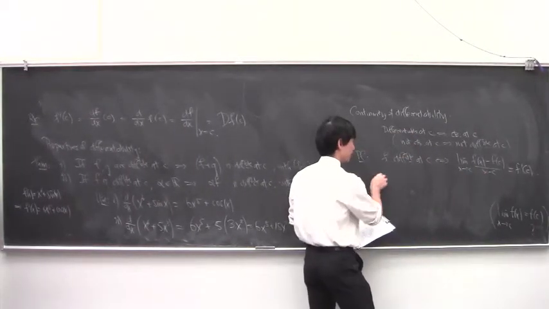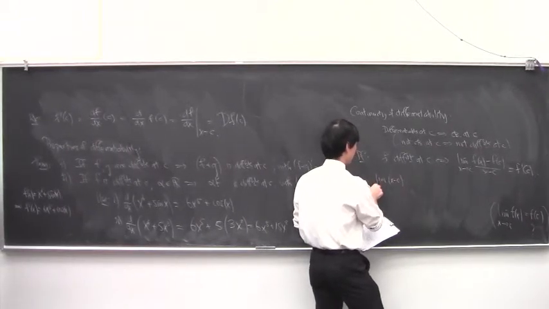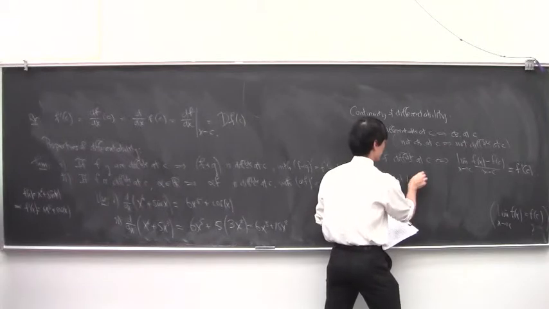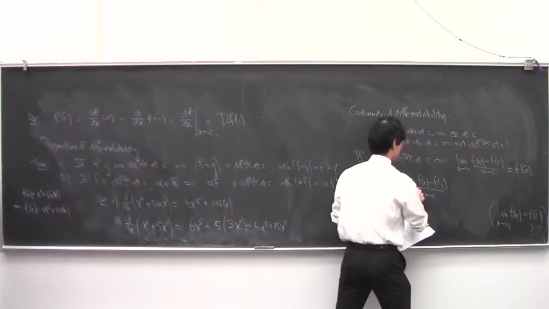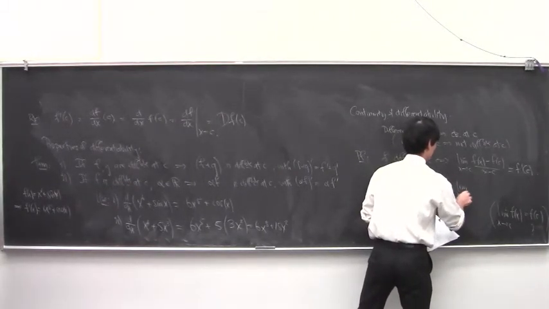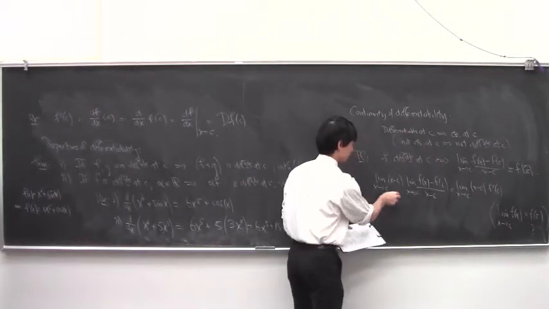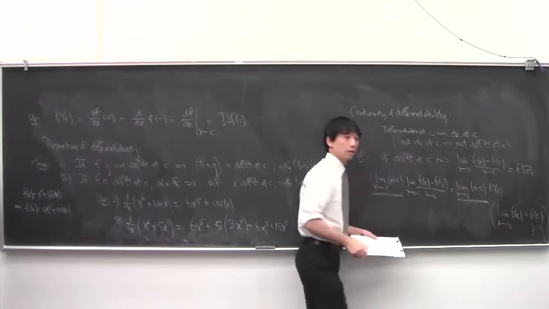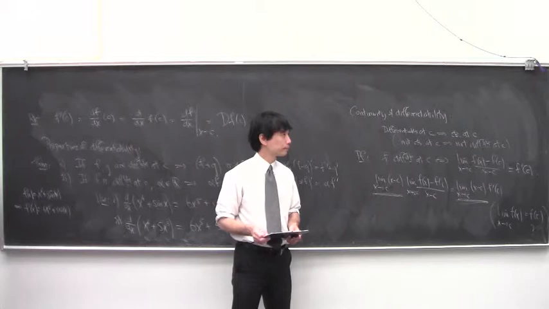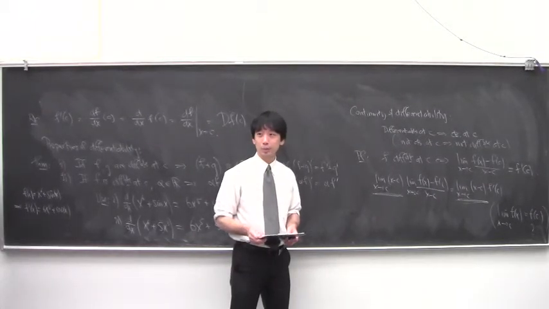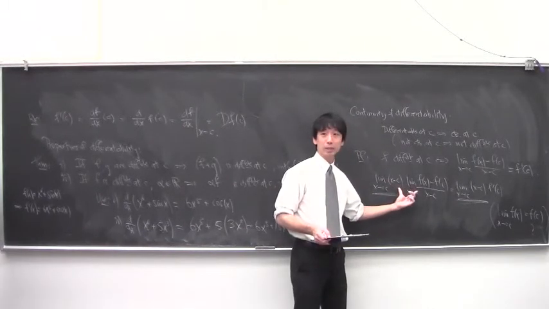Let me show you. If I multiply both sides by the limit of x minus c, I'm multiplying both sides by the same thing, and here we get the product of limits.